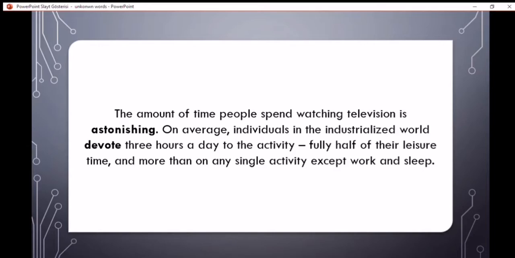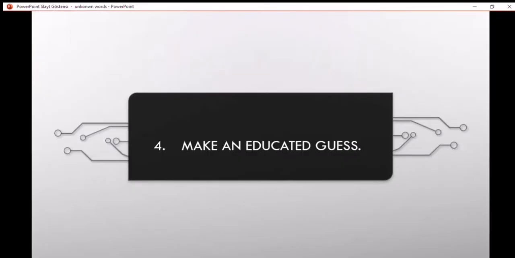So we can simply say spend could mean something similar to devote, or devote could mean something similar to spend, which would be an educated guess and which would lead us to find a sensible meaning. Yes, maybe devote doesn't have that meaning, but here, spend and devote are very similar to each other. So we made an educated guess.